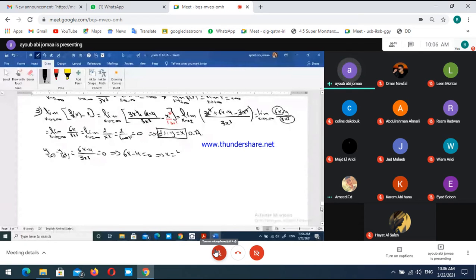Good, we have intersection. What will be the value of y? The value of y is equal to 2 over 3 because the straight line is y equal x, so y is equal to 2 over 3 and the intersection point has coordinates 2 over 3, 2 over 3.